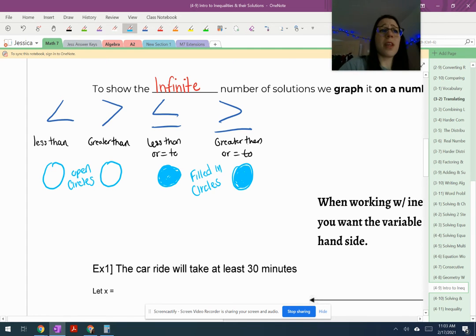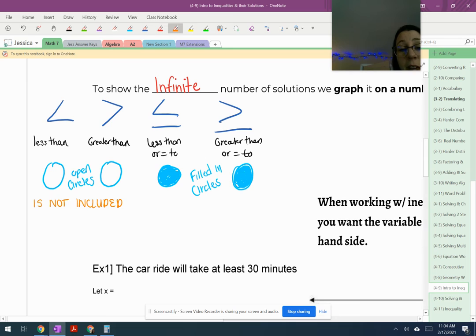And that has to do with whether or not the number on the other side of the inequality is included or is not included in the solution set. So when it's open, it is not included.